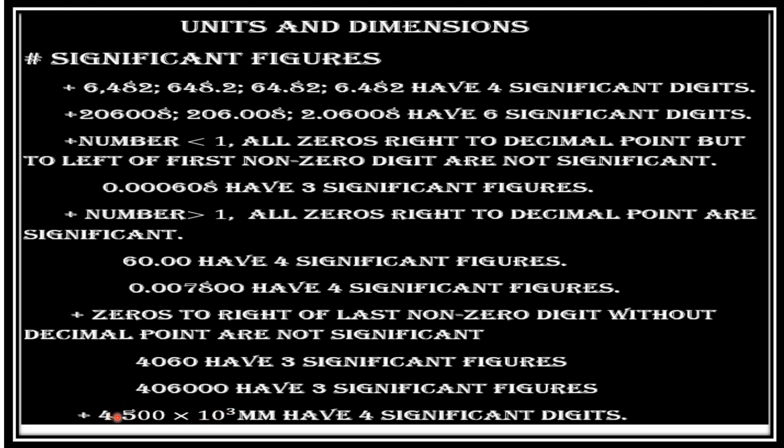We include only these terms, 4.500, for significant figures. Make a note of all this or take a screenshot on your phone or laptop, and do it as examples. Solve more numericals. You will be clear in significant figures and easily secure 4 marks in the final exam.